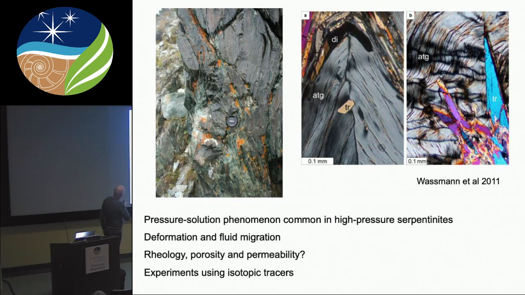And this is cross-cut by these veins here that appear greenish and are filled by serpentine fibers. So we have opening of fractures that are filled by the same material, basically, that got dissolved from the whole rock and reprecipitated in those veins. So that's an indication of pressure solution.